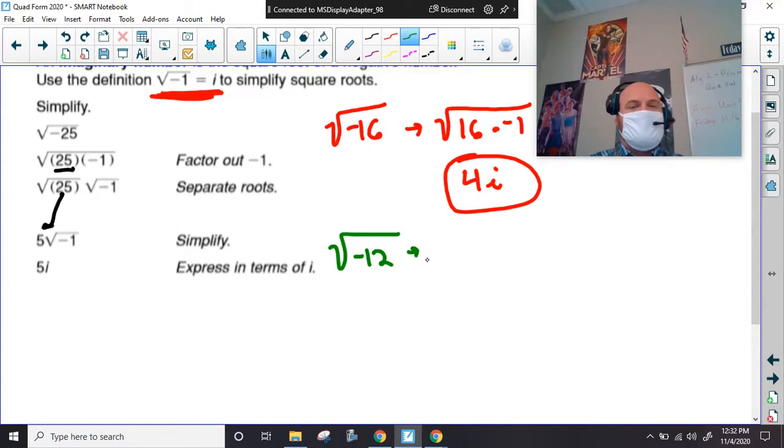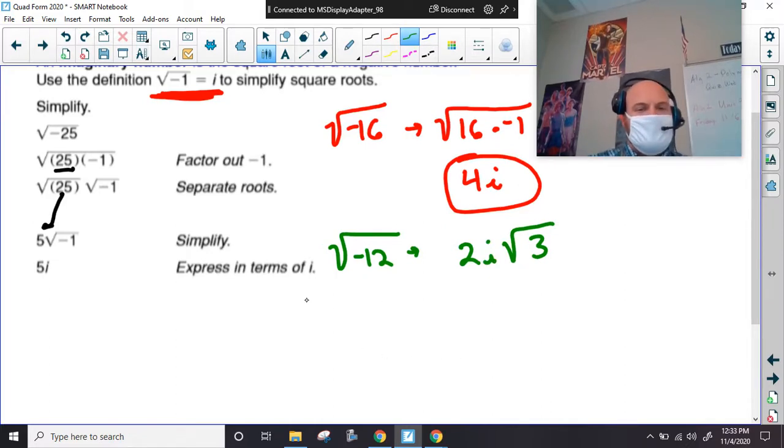If you ask what would Mr. Jeffries do, Jeffries would type in the square root of just regular 12 in the calculator. Don't put negative 12 because it will say domain error. I'm going to get 2 root 3. Then all I have to do is put an i right there.